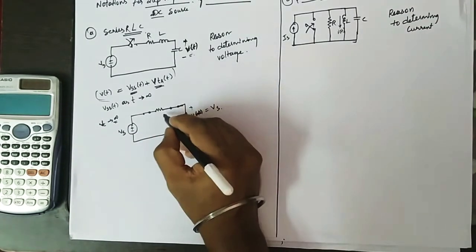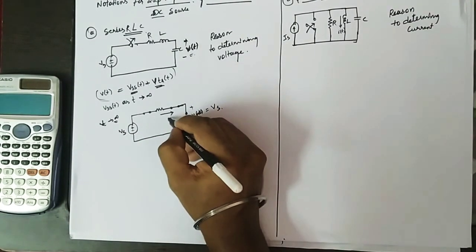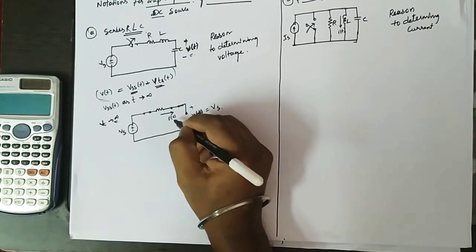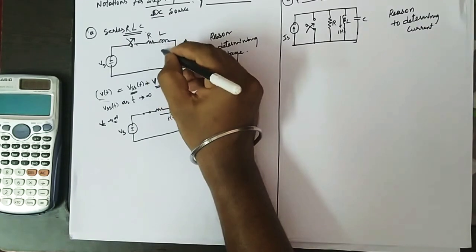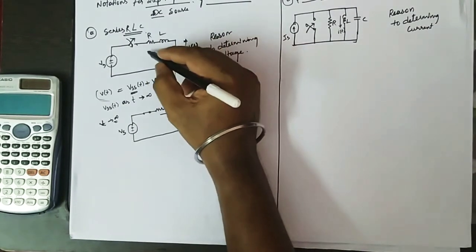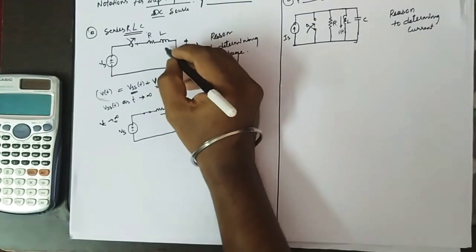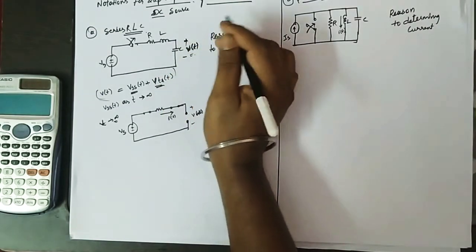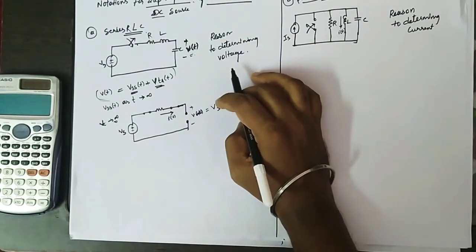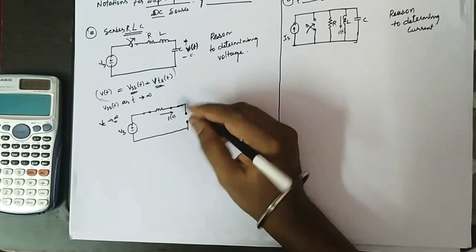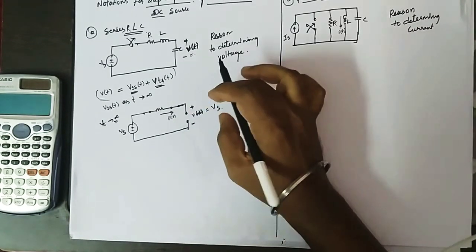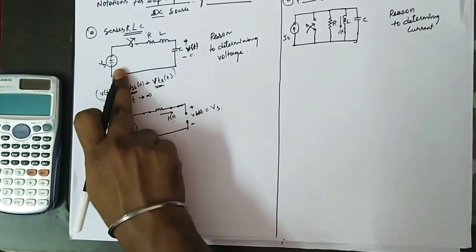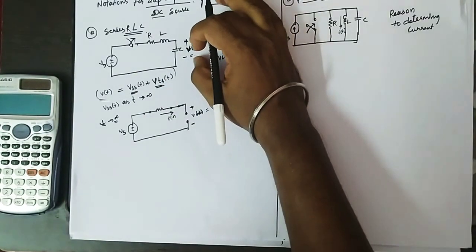There is no current to flow, so since the current is not present at steady state, finding the i of t expression is meaningless here. The current will only decay, so we intend to find only the voltage across the capacitor. That is the reason for the RLC source circuit we find the voltage across the capacitor.